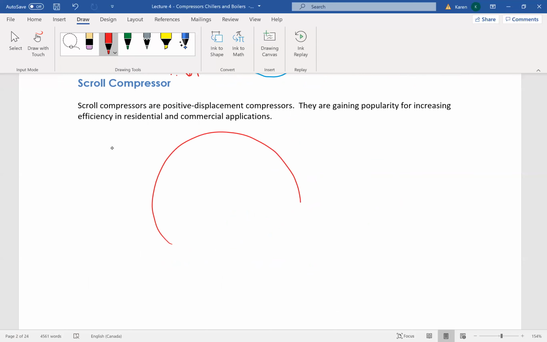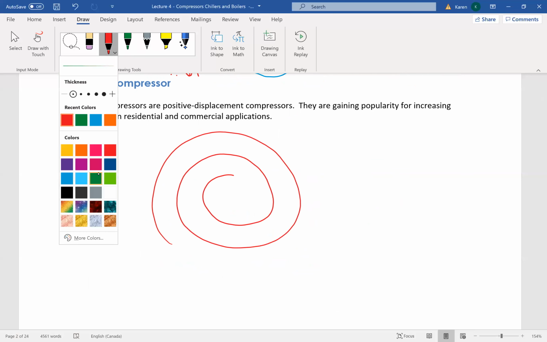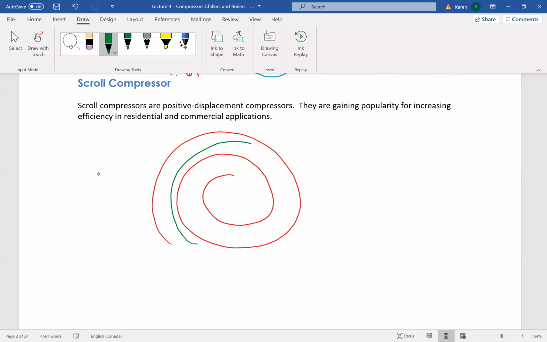There's basically a scroll like this, and then there's another scroll that sits inside it. One of them is stationary and the other one is not.